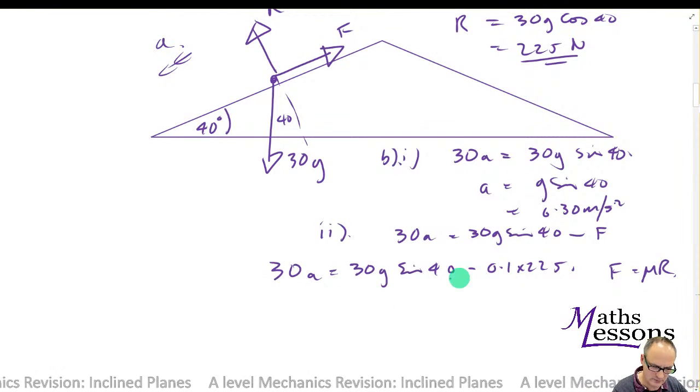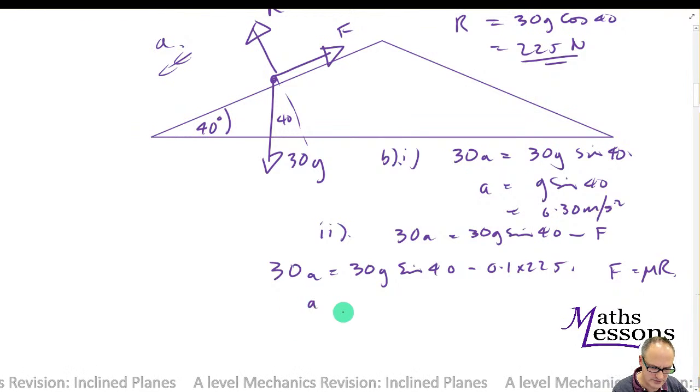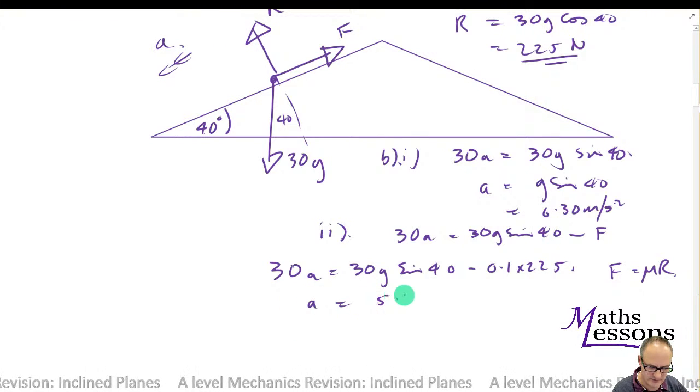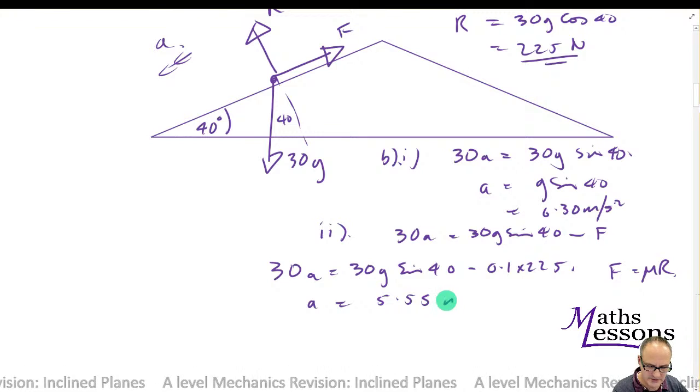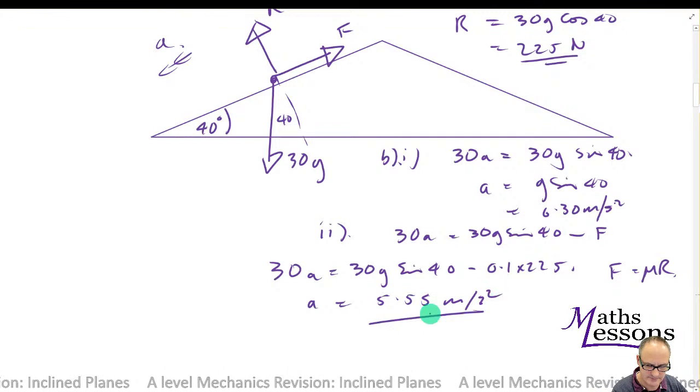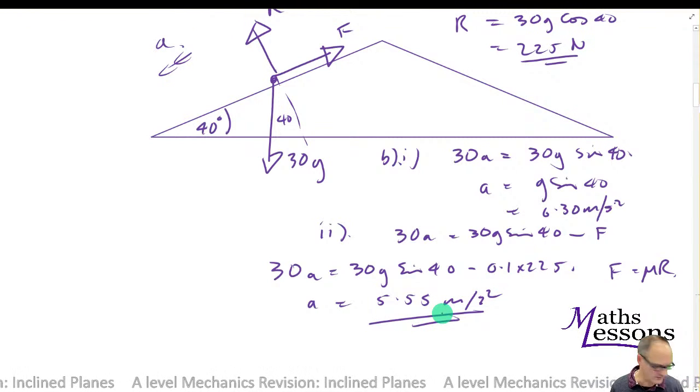If we work all that out, we should get A is equal to 5.5 meters per second squared. Right, next question.